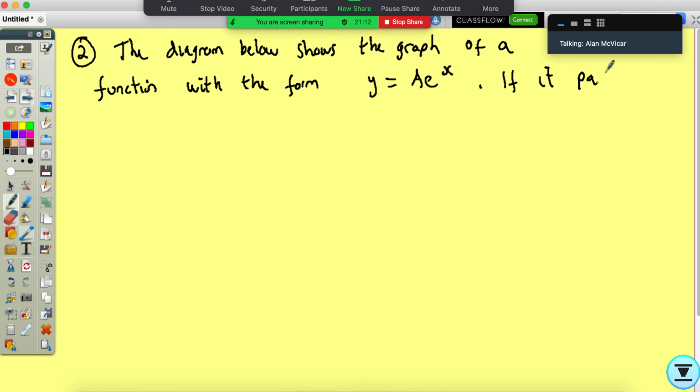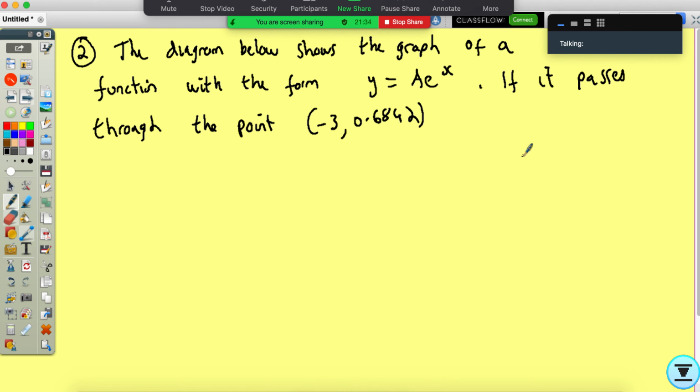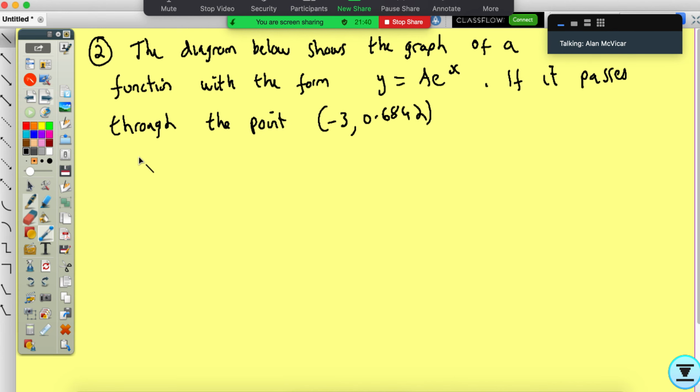If it passes through negative 3, 0.6842, so let me draw it. Again, my drawings are, so I need to move that over.